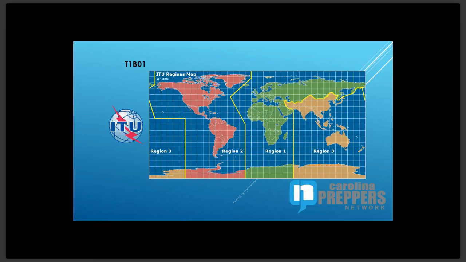So the rules for us are going to be quite similar to those in Cuba, South America, Central America, Canada, but they can be more different than, say, those stations that are coming out of Africa and out of Asia and Europe.